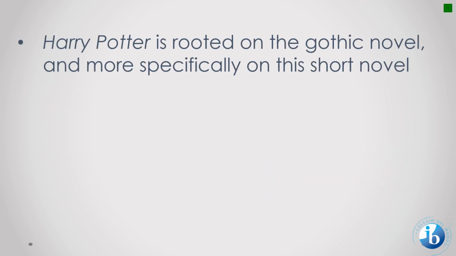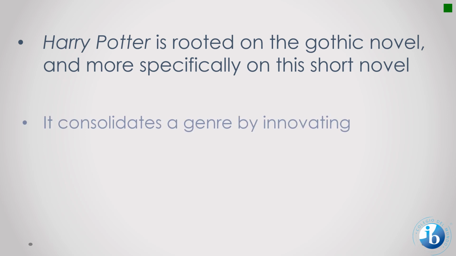So my conclusions are that Harry Potter is rooted in the Gothic novel because of the settings and the plot, and more specifically in the short novel by Oliphant because the Chamber of Secrets is really similar and also the basic plot, even though the characters are different. It consolidates a genre by innovating, so what I mean is that it takes some characteristics from the 19th century and it adapts them to characters that are based on 21st century people.